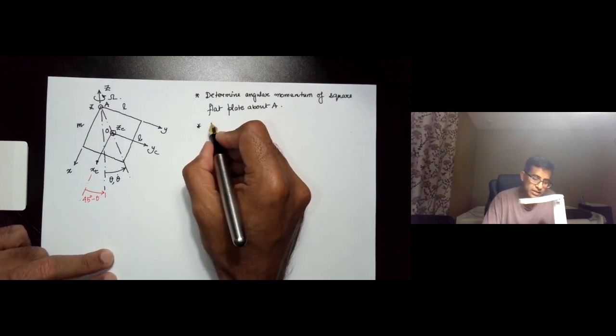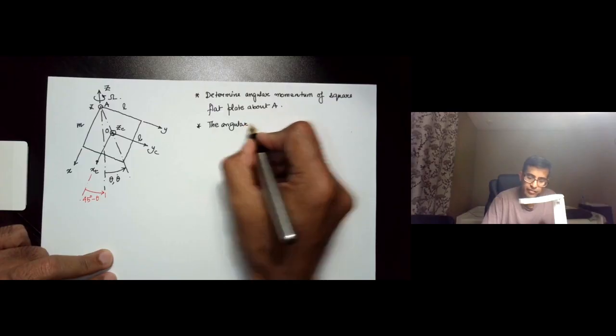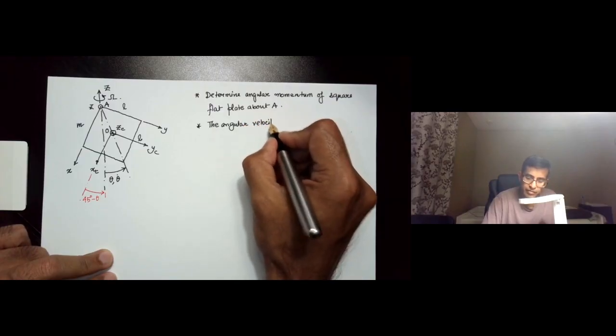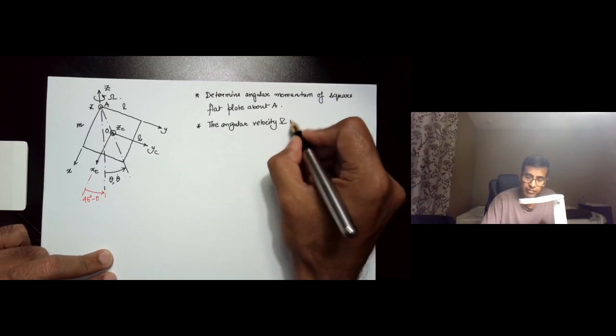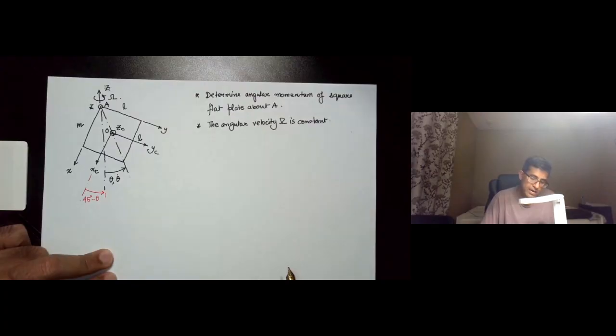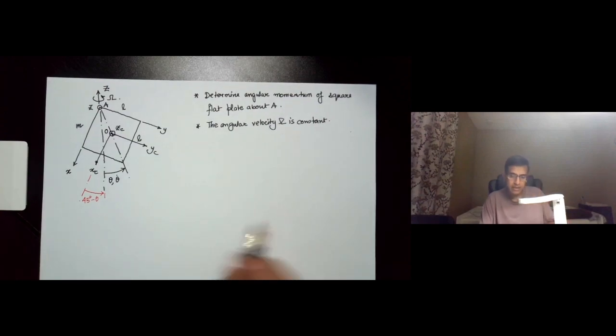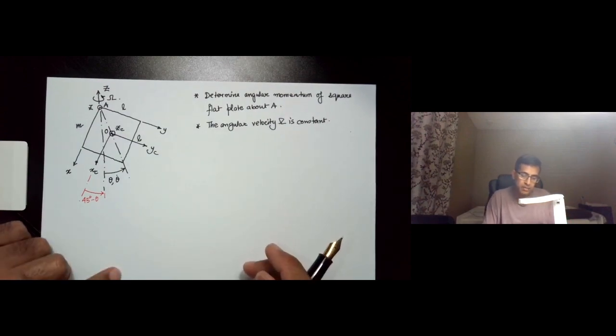The angular velocity capital Omega is constant. The mass and length are all given, so this is the setup of this problem.